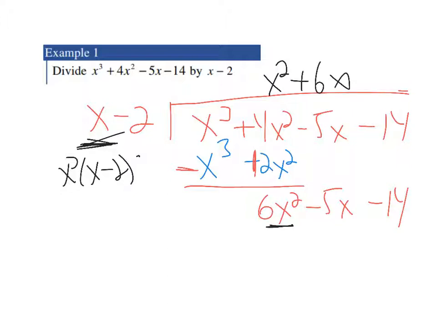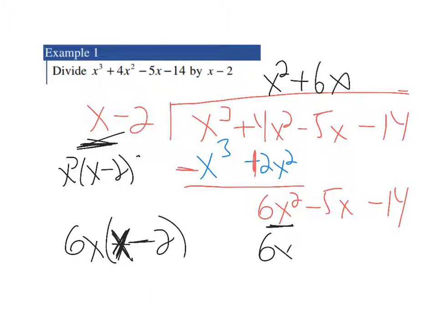I'm going to multiply x minus 2 by 6x. That gives me 6x squared minus 12x. Now I've got to remember to subtract, change my signs. So that's going to give me 7x minus 14.